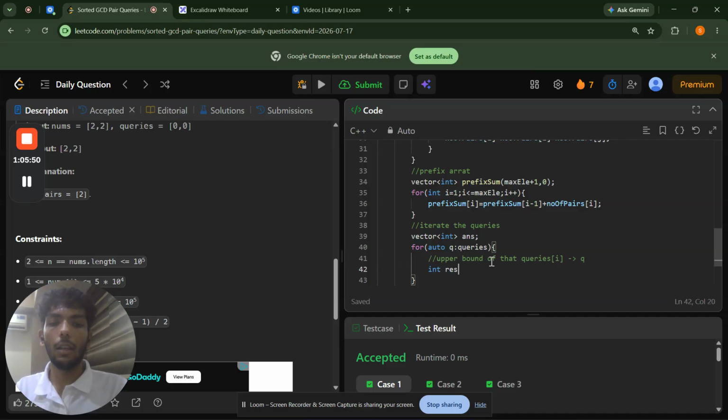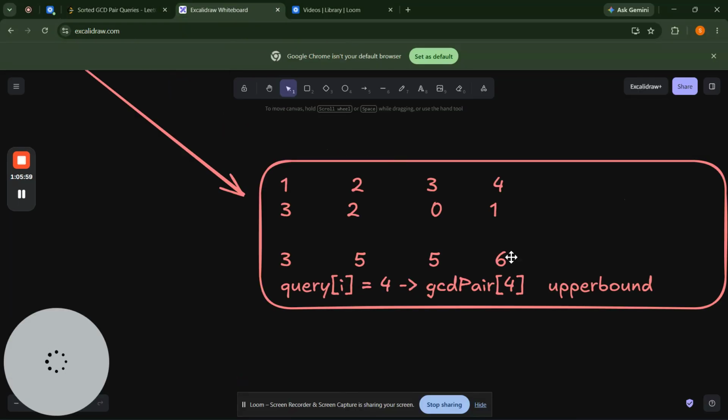Here in this case it is q in the queries. If you don't know, this is how we find upper bound. By finding upper bound, we get the index. If the GCD at index 4, we found out that it lies after 3 and before 5. So what we receive is 5, but we do not want 5, we want 2.